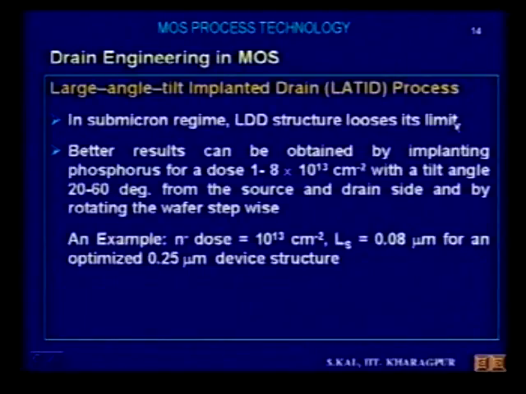An example is given here. The lightly doped drain dose is 10 to the 13 per centimeter square. LS here is 0.08 micron. That is the spacer length for an optimized 0.25 micron device structure.